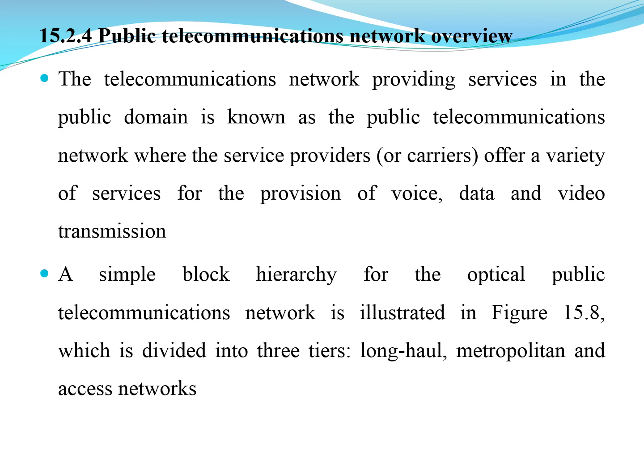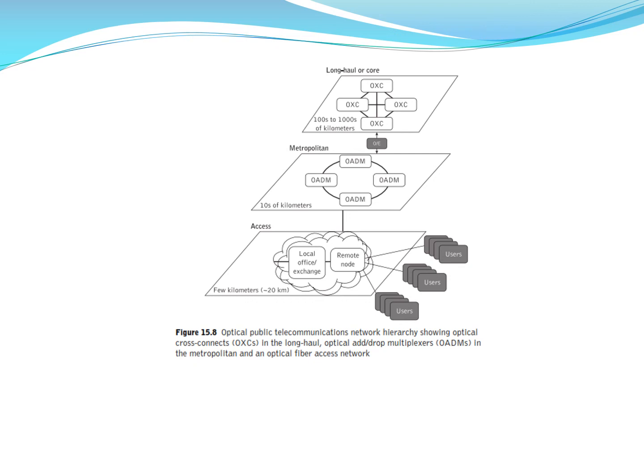We discussed a simple block hierarchy for an optical telecommunication network, which can be divided into three different categories or tiers: long haul, metropolitan and access networks. So this is how the long haul or core network looks. It spans hundreds to thousands of kilometers.